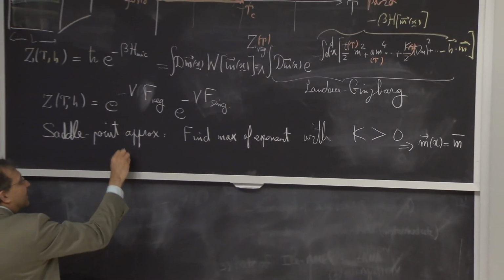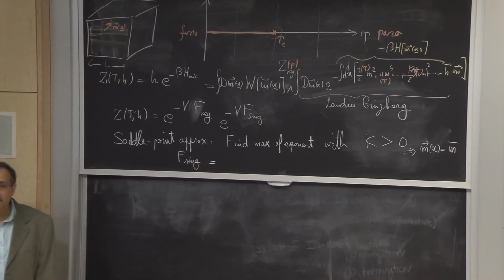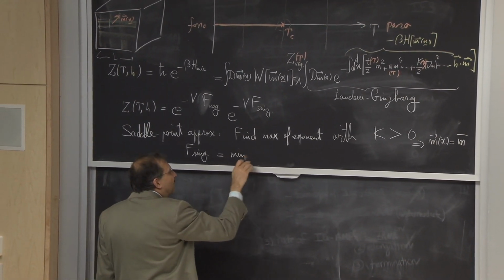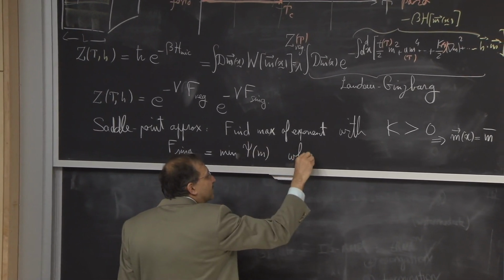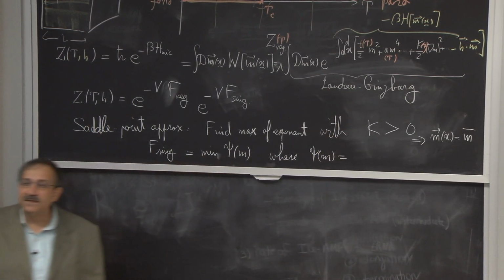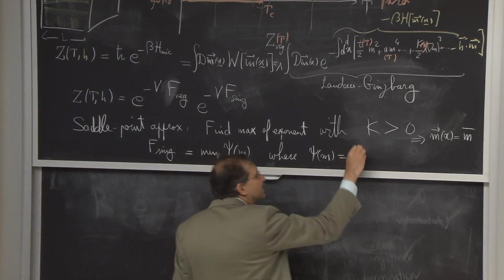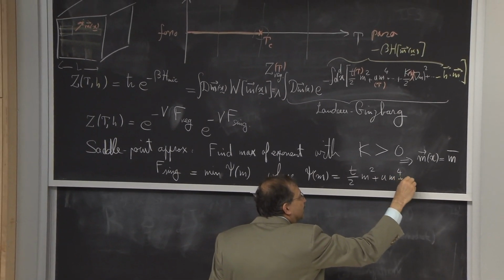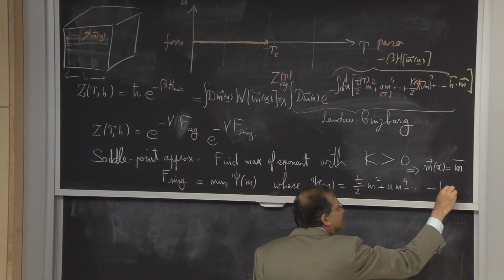I will get that f singular is, in fact, the minimum of psi of m, where psi of m is obtained by simply evaluating what is in the integrand at a uniform value of m. T over 2 m squared, u m to the fourth, potentially higher orders, but no k. The k disappeared, minus hm.